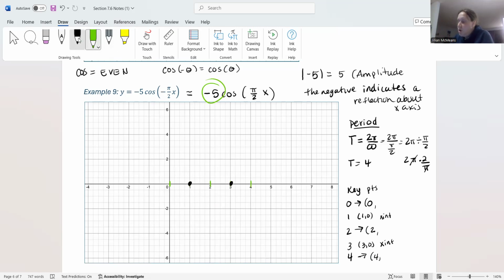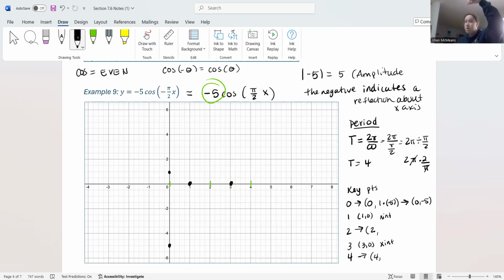If I was at 0, I would have originally been at 1. That would have been my original y-intercept, so I would have had (0, 1), but I need to multiply that by -5. That gives me the point (0, -5). So this beginning of the period is now a minimum, because we're reflecting our graph.